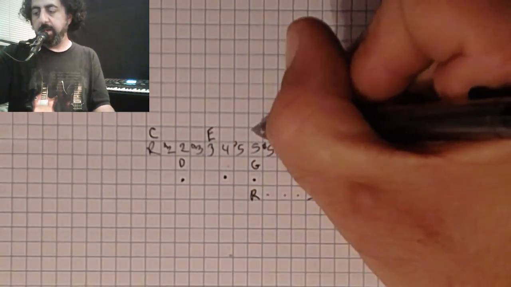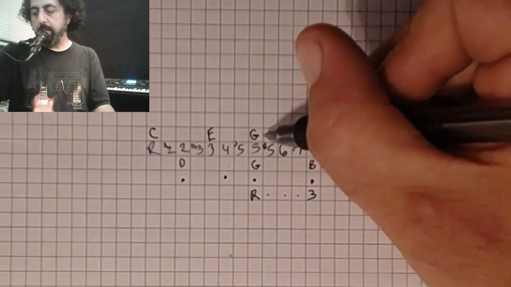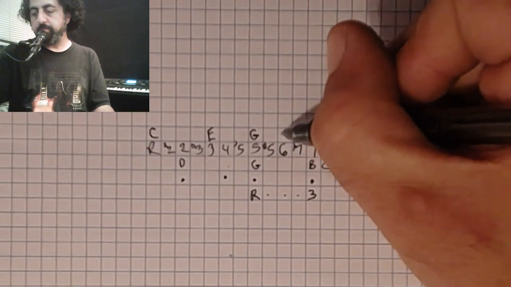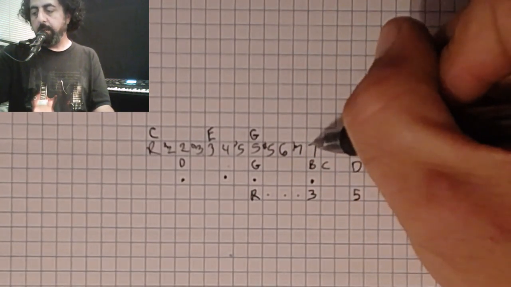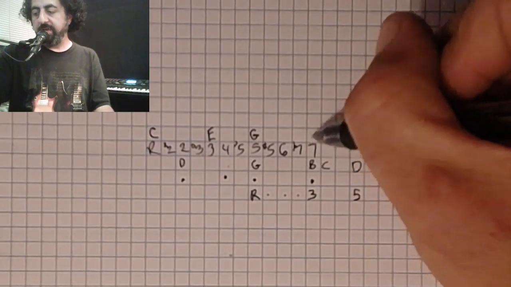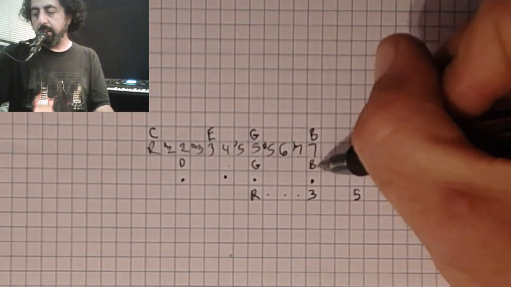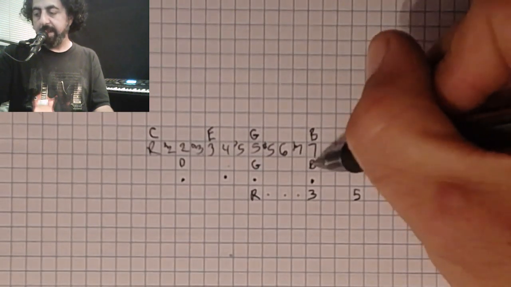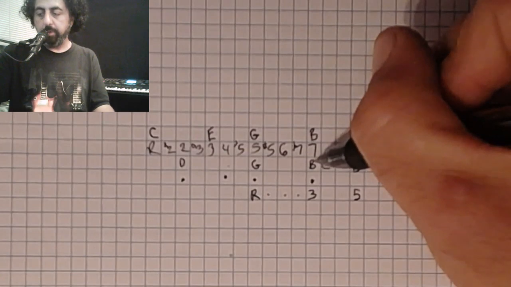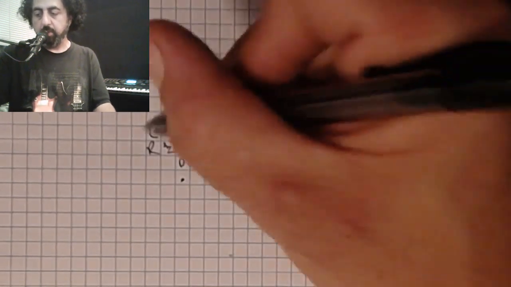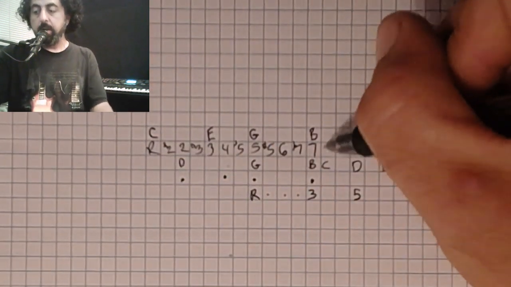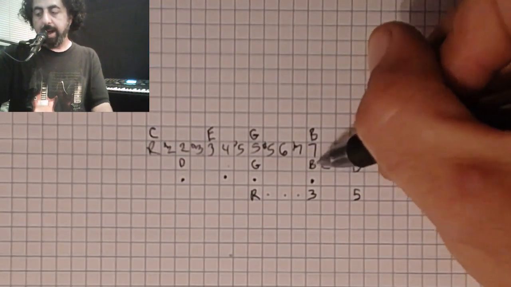C, E, G, and we skip the A note at the 6, and we end up at the major seventh note for the B. And that note, as you can see here, is a half step away. It's just one simple note behind the original root note. Does that make sense to you? It's one note behind the original root note.